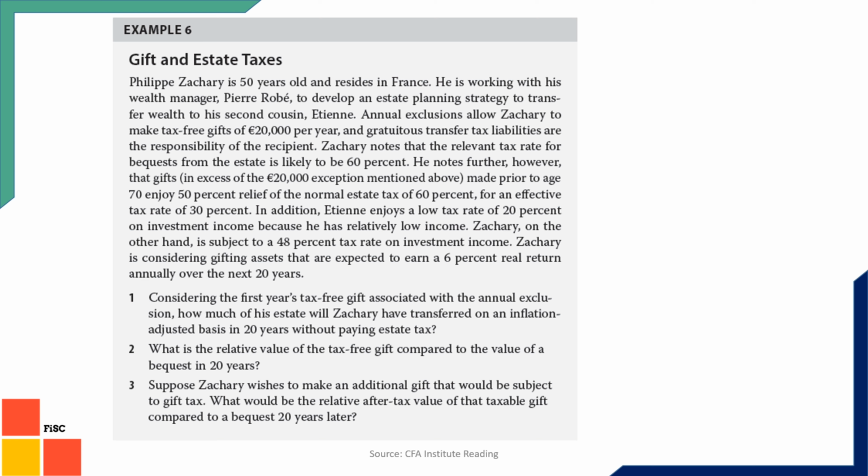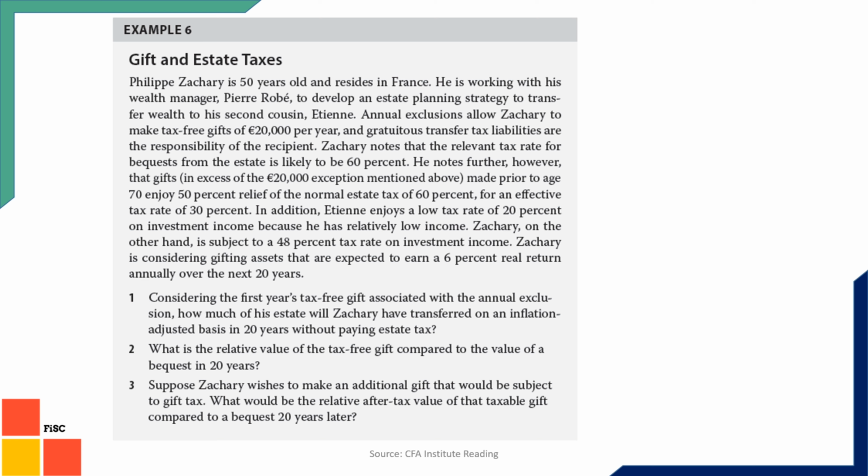So the three questions are: one, we have to calculate the value of his gift which he will give in year one, 20,000. What will be the value after 20 years? That means a simple compounding. The second is what will be the relative value of that gift as compared to the bequest if he would have given this 20,000 in the future.